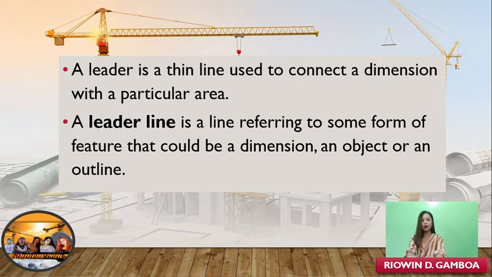It is also used to connect a specific node or description to a feature. A leader line is a line that establishes a connection between a graphical representation of an item and some text.